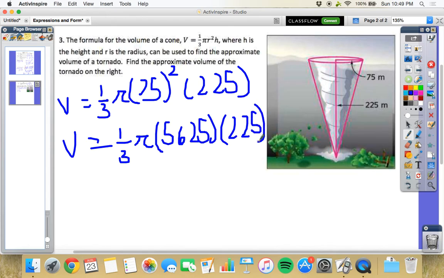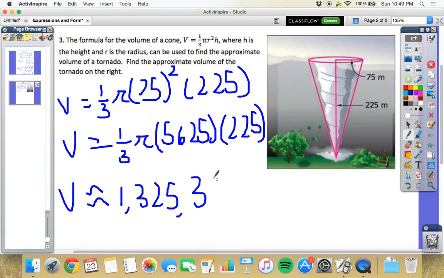Now that it's all multiplication, we can just multiply straight across. Remembering that pi is approximately 3.14, the volume of this tornado is 1,325,359.